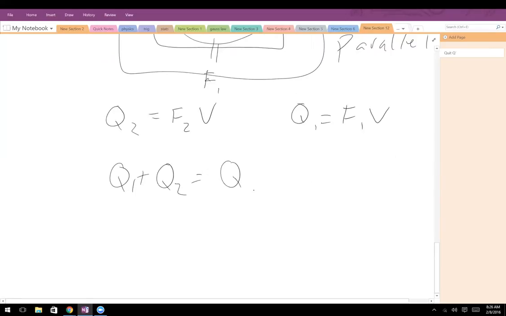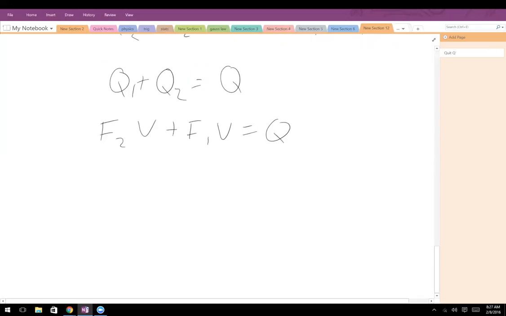So we'll call that Q. This is F2V plus F1V is Q. So if I think about this Q as the capacitance of my big guy, the combined capacitance, times V, well, it's really simple. You just get F2 plus F1 is F.